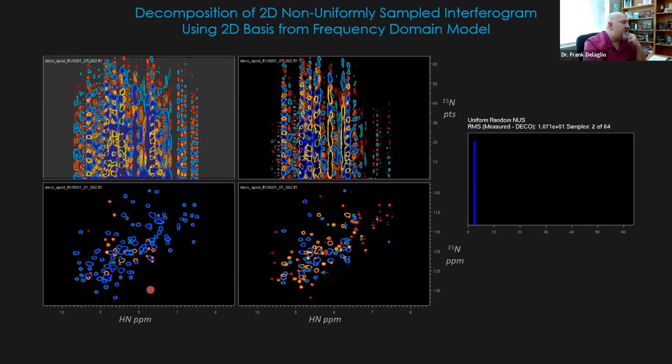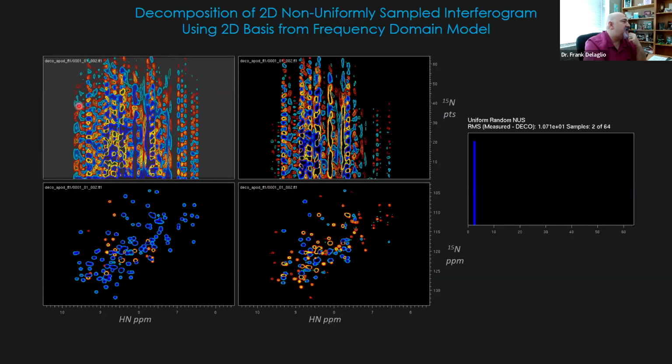So in this example, we have spectral data that's been approximated by a 2D model, and we can convert that 2D model to an interferogram and use it to fit the experimental interferogram to extract the intensities in the indirect dimension. And we can try that for different sampling schedules. So this is a case where we only sample the first increment and the last increment.